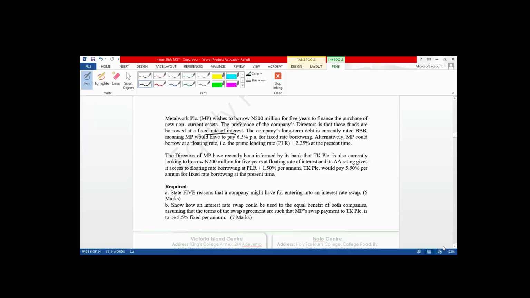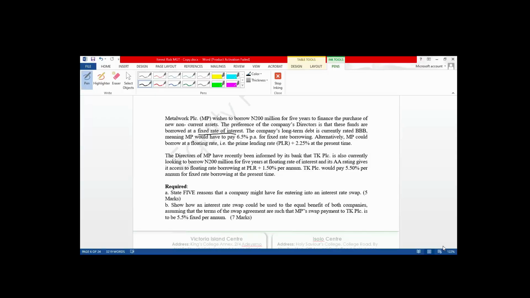has recently been informed by its banker that TK is also currently looking to borrow 200 million for 5 years at a floating rate of interest. Its AA rating gives it access to floating rate borrowing at prime lending rate plus 1.5.